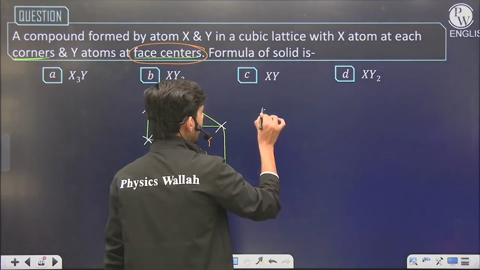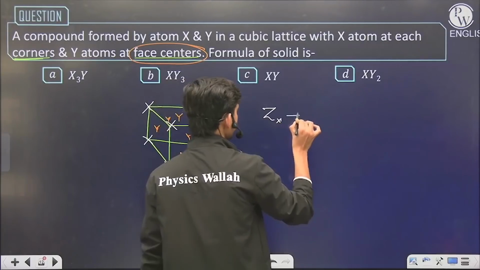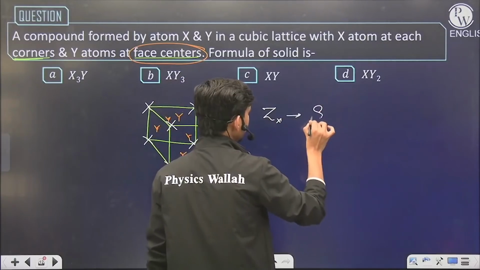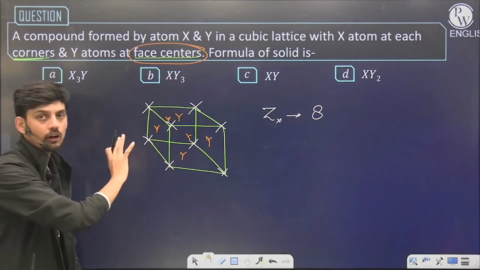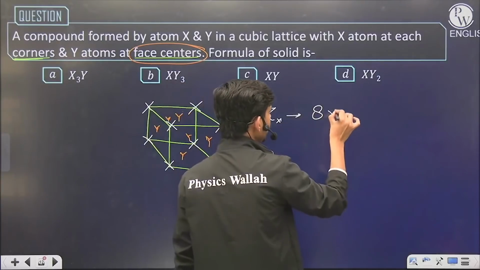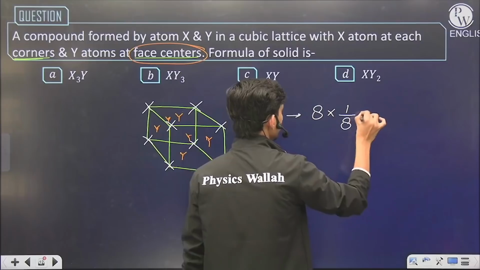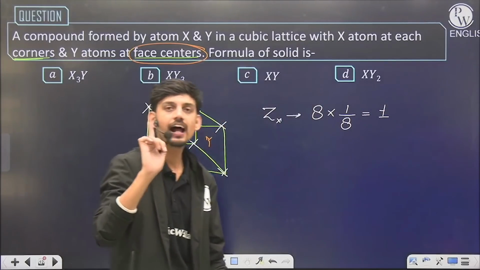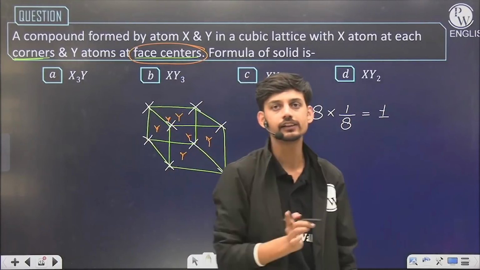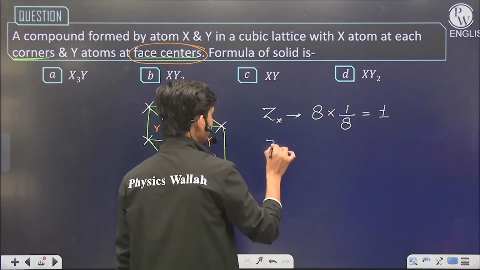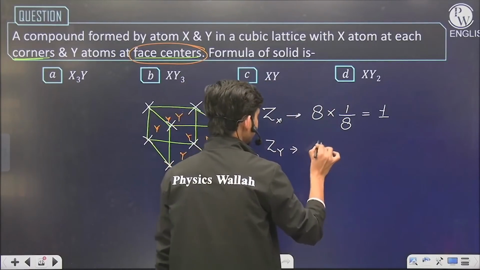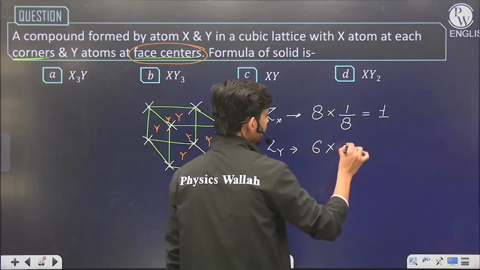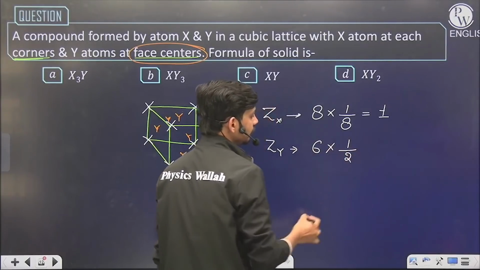So first we will find the rank for X atoms. X atoms are present 8 at all the corners, and the contribution of each corner atom is 1 by 8. So effectively only one total atom of X is present in this unit cell. Similarly for Y, there are 6 Y atoms at face centers and the contribution of each is 1 by 2.